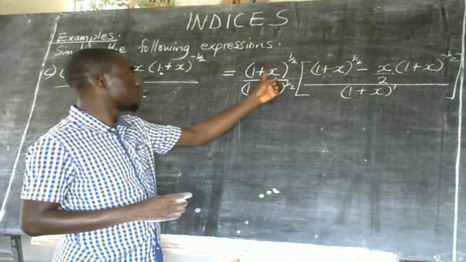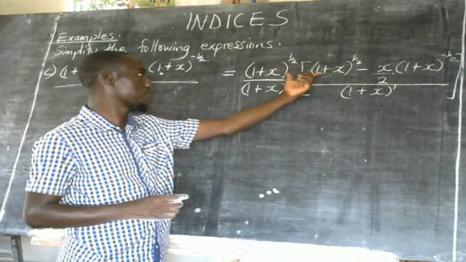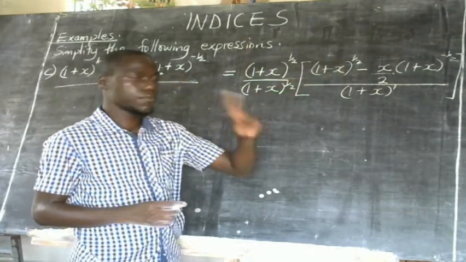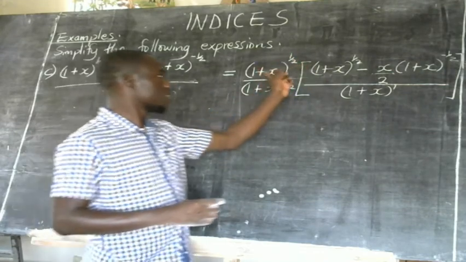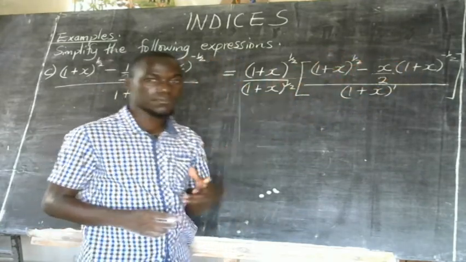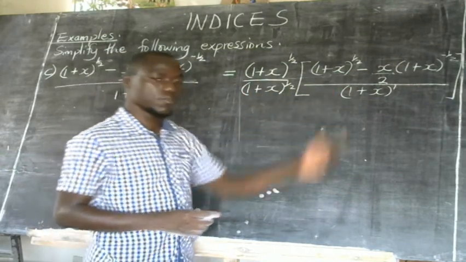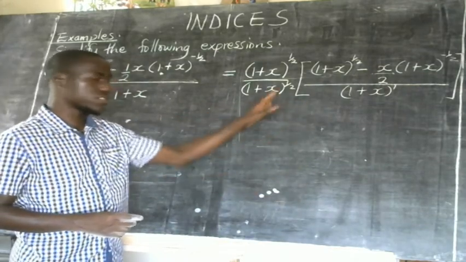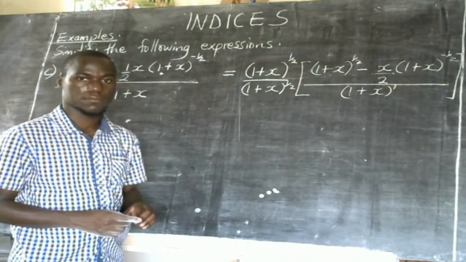So when you open brackets for the numerator, this times that, you see that the base is the same, you keep it. Adding the powers, you see that that one is going to give you a 1, the base power 1. Then you multiply this times that, you see that when you add the powers, you'll be having the base raised to a 0. And then you multiply this in the denominator. So I'm leaving this for you to complete using this alternative and see if we get the same answer.